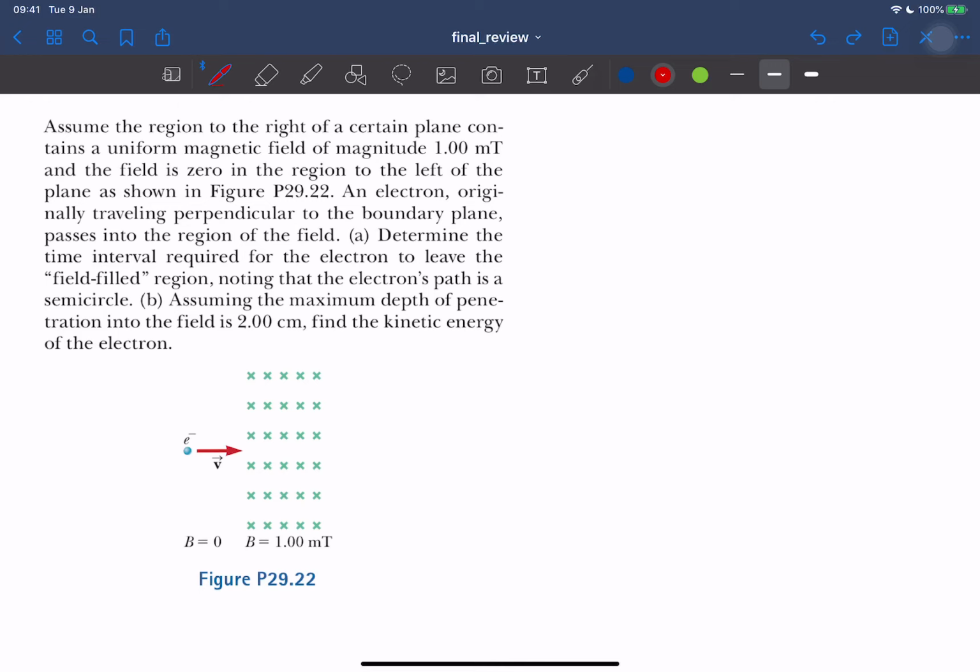So the first part is to determine the time interval required for the electron to leave the field region. So we need to think about what happens to the electron when it's going into this region. Well, remember the magnetic force F_B equals qv cross B, right? Inside this region with magnetic field, the electron is going to the right.